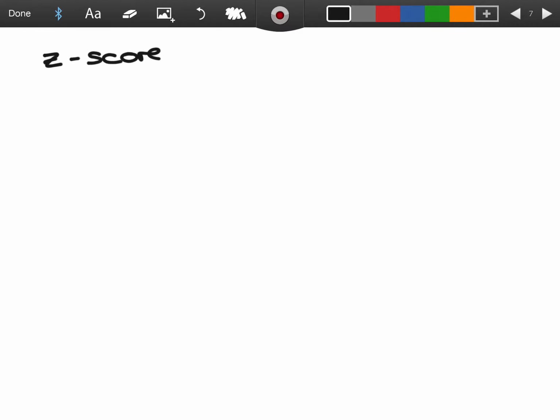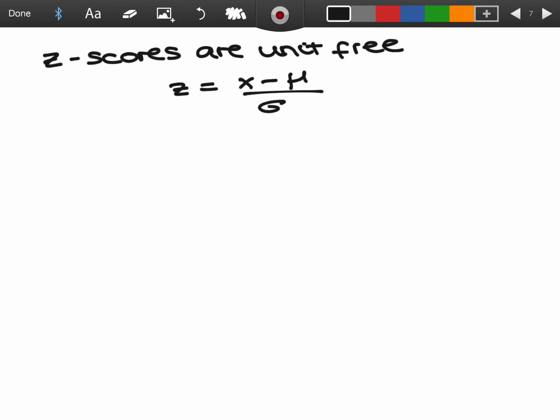So z-scores are unit free. Okay. Again, I'll just write out the population version of this here. The z-score for this data point x, let's think about when it's going to be positive and when it's going to be negative. Your standard deviation, for a sample or for a population, whichever one you have, is always positive, regardless of what data you have.